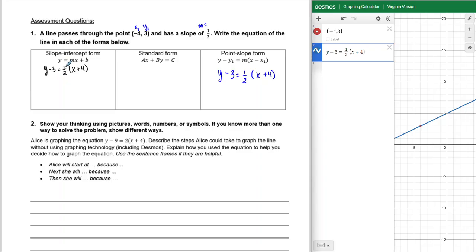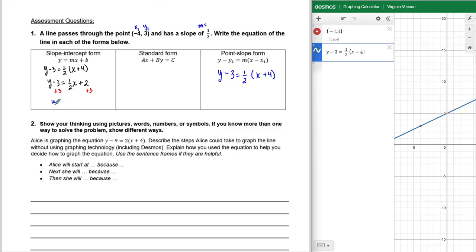All right, so we're going to go ahead and distribute the 1/2. So you have here y minus 3 equals 1/2 times x is just 1/2 x. 1/2 of 4 is 2. And then we're going to take the 3 over, so add 3 on both sides of my equal sign.